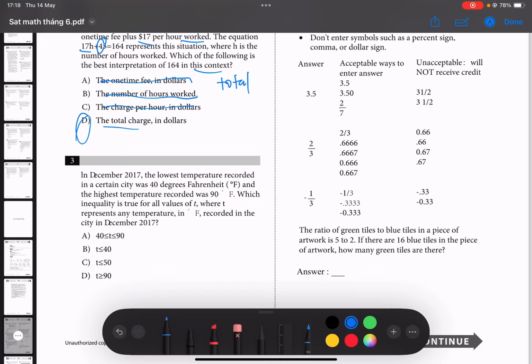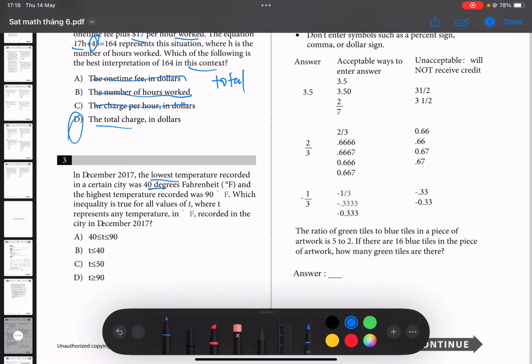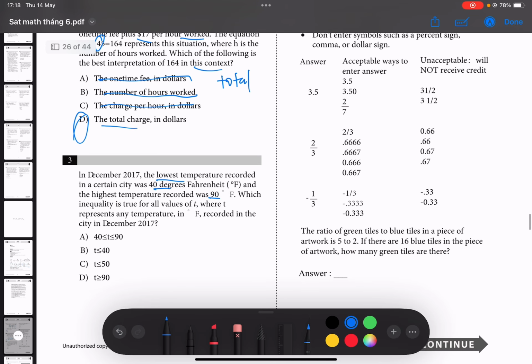We know the temperature will be between 40 and 90, because the lowest is 40 and the highest is 90. So we just change it to the language of math, and it's going to be greater than or equal to 40 and less than or equal to 90. So the answer is A.